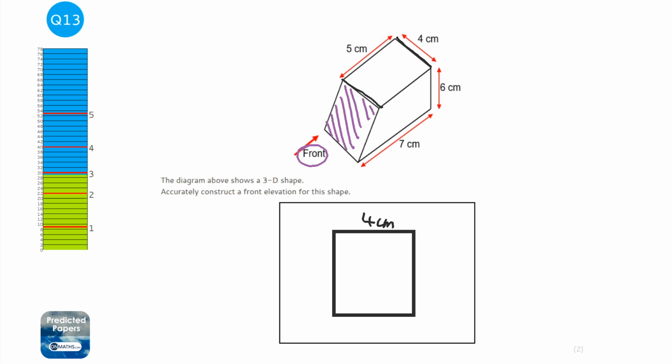So I draw it as 4 centimeters. The height of it would be the same height as this, so it would be 6 centimeters. So I draw a rectangle, perfect rectangle, which is 4 centimeters wide and 6 centimeters tall, and nothing else. You won't be able to see anything else. So all of this you wouldn't be able to see, and neither would you be able to see any of this.